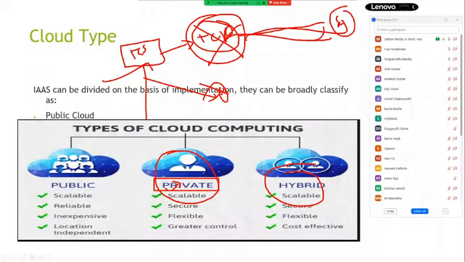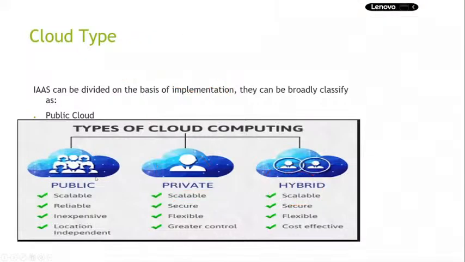Same way here also. A few of the applications are running in public and some applications are running in private. If we establish a connection between these two and access everything overall, we call that hybrid. But hybrid is costly, and more flexible and secure as well. Also, it is high cost. I will let you know how to do the tunnel later.